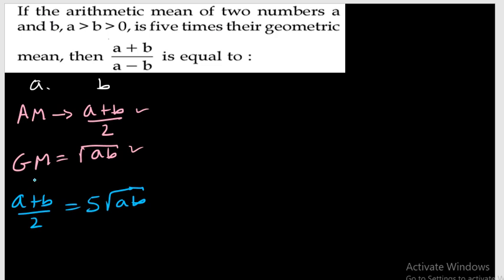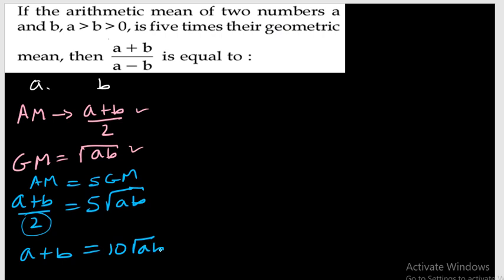So this time we can multiply by 2 both sides, and we can remove the denominator 2. What remains? A plus B on the left side, and on the other side 10 times square root of AB remains, because 2 times 5 is 10. Okay, let us square it.